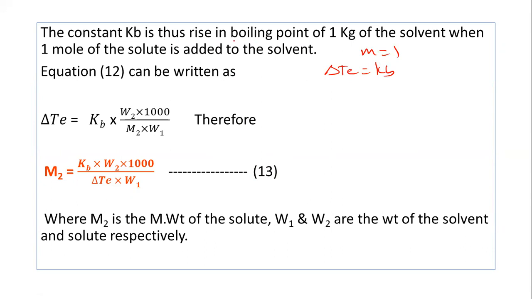So constant Kb is thus the rise in boiling point of 1 kg of the solvent when 1 mole of the solute is added to the solvent.